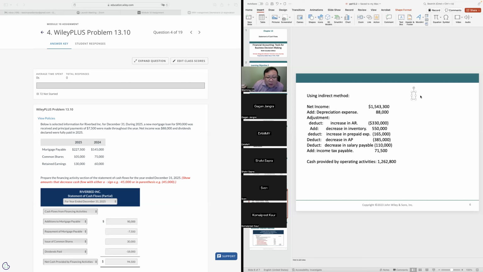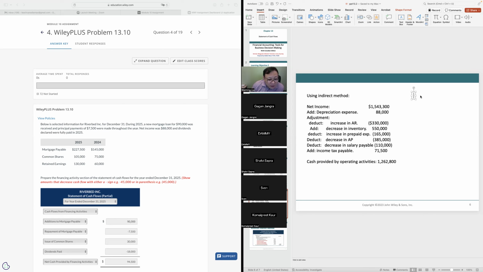So below is selected information for the company for December 31st. During 2025, a new mortgage loan of 90,000 was received, and principal payments of 7,500 were made throughout the year.